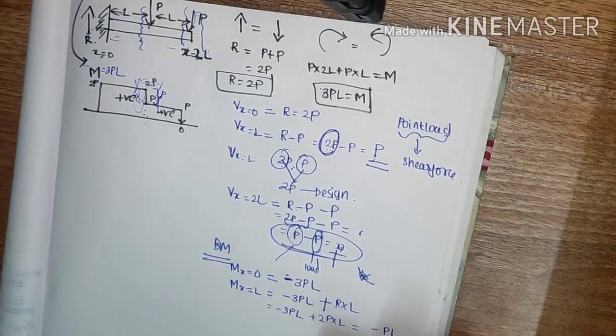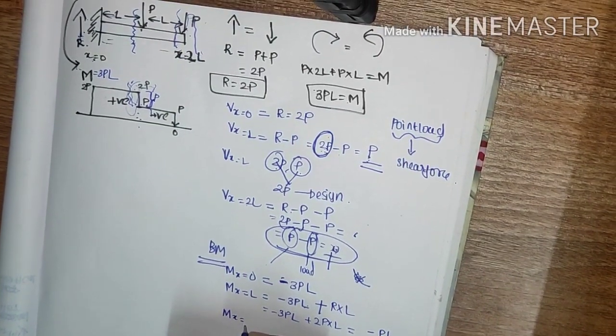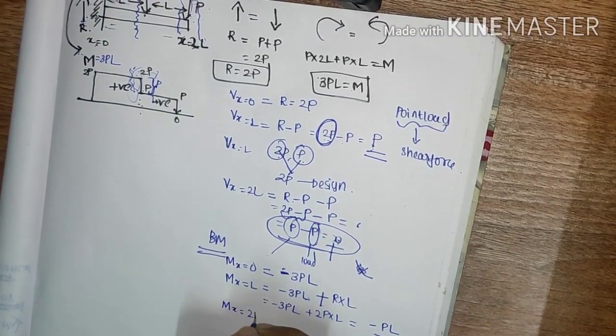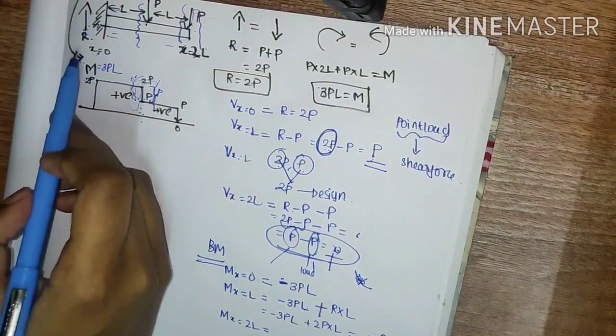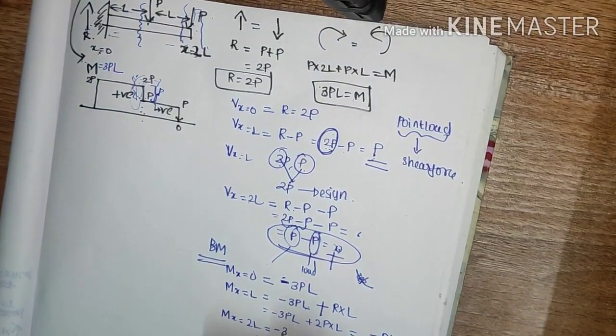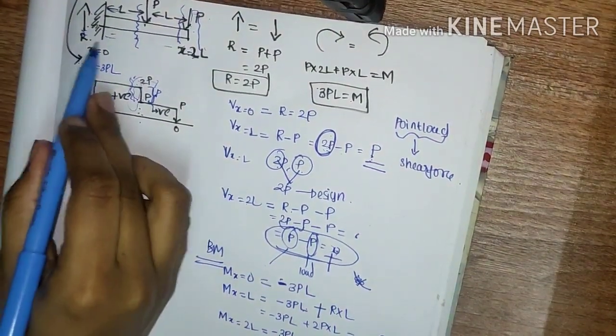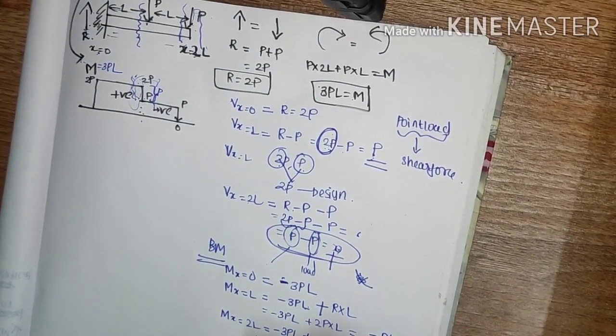What you will be getting is minus PL. Next is M at x equal to 2L. There is already minus 3PL. Next, R into this much distance, which is positive, that is 2PL.